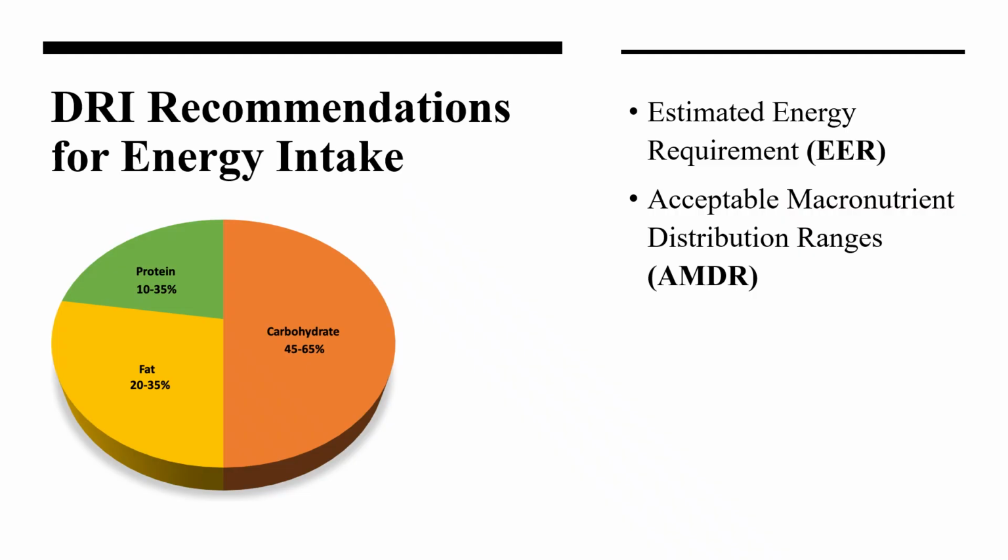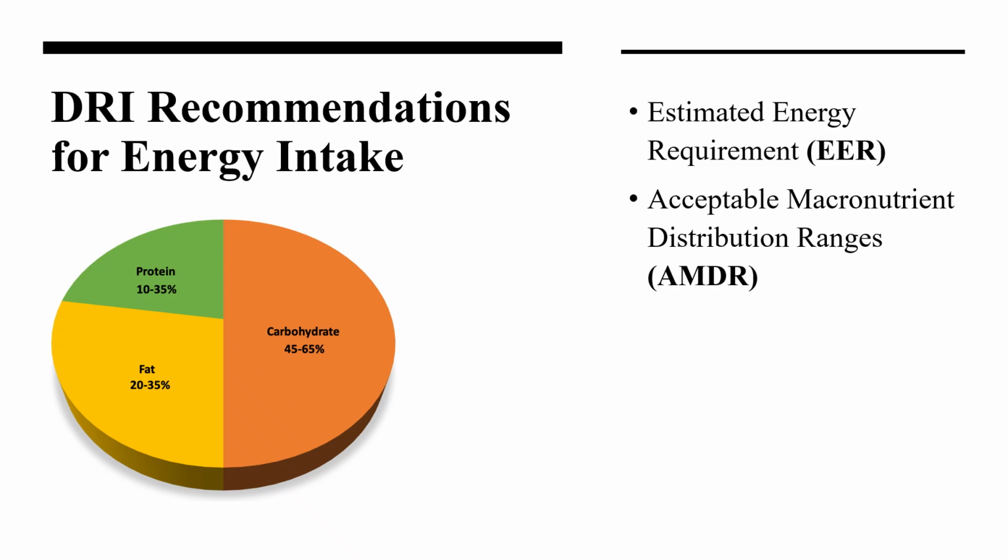There are two types of DRI recommendations for energy intake. Number one, estimated energy requirements, EER, an estimate of how many calories a person needs to consume on average each day to stay healthy based on their age, sex, height, weight, and physical activity level. Different EER is required for different groups.